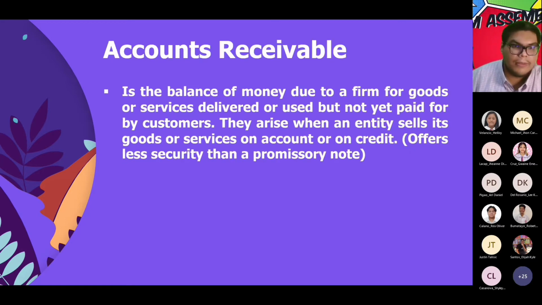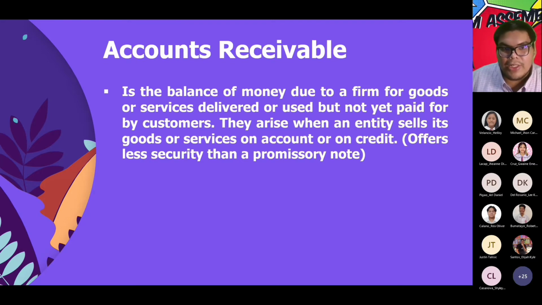Accounts receivable, on the other hand, is the balance of money due to a firm for goods or services delivered. Of course, the services must be delivered or used, but not yet paid. So the earlier pizza scenario was on account. It is owed by customers.